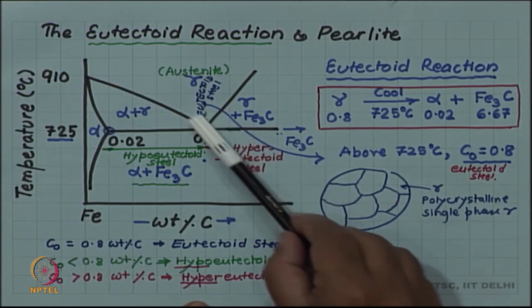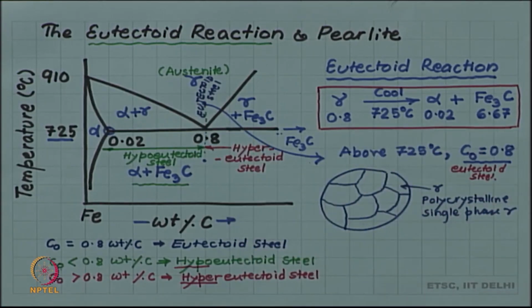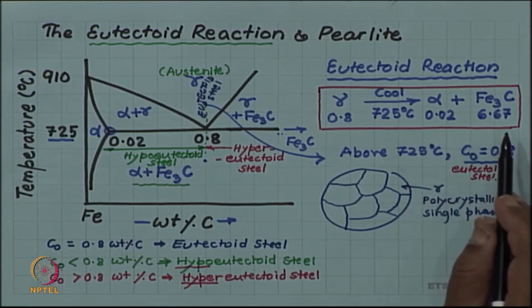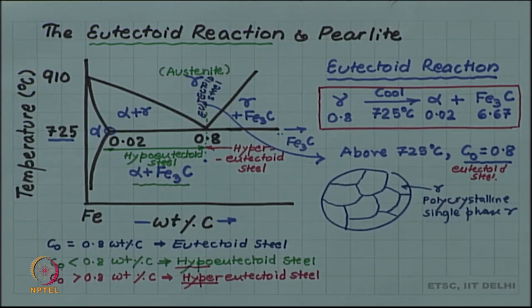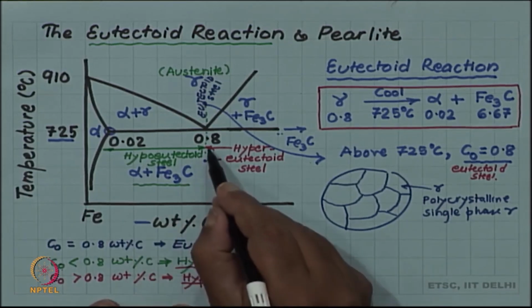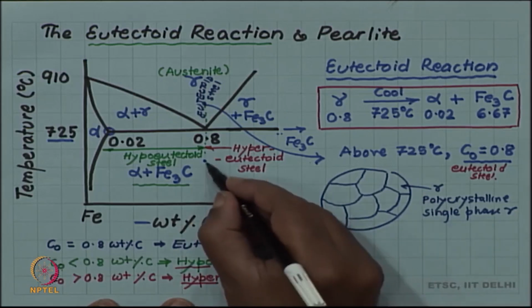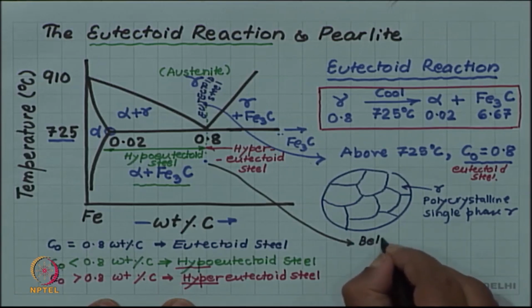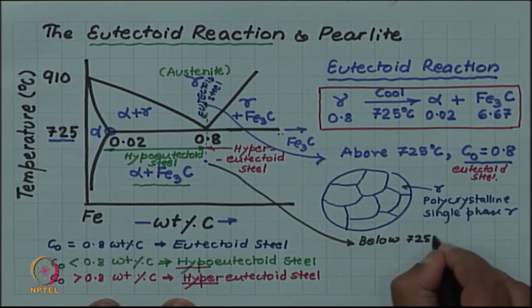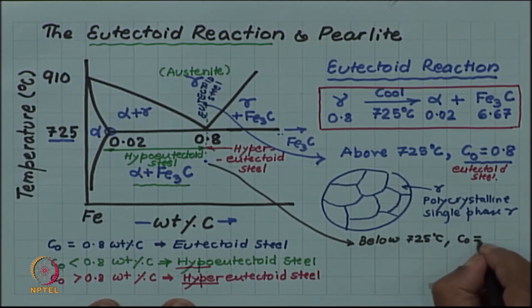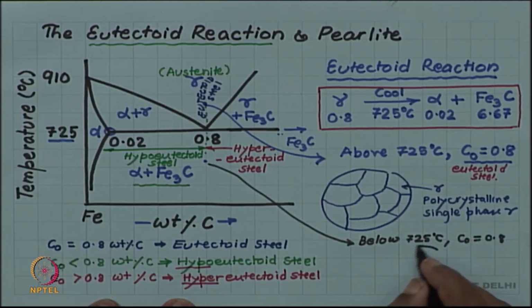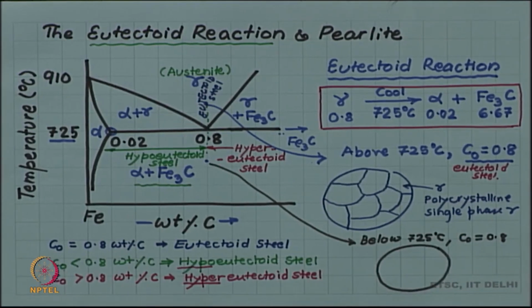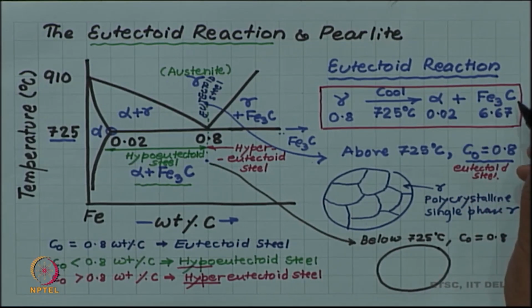If you now cool, then at 725 this reaction will proceed and you will start forming alpha and Fe3C. So, somewhere here, let us say below 725 degrees Celsius, same steel, eutectoid steel, we will have a microstructure in which alpha and Fe3C both will form as alternate plates.